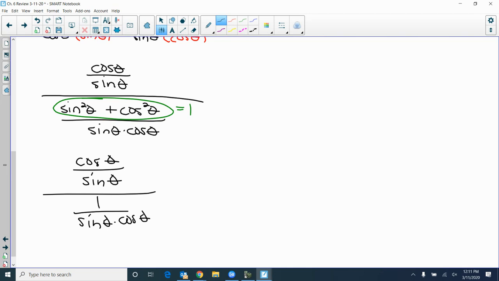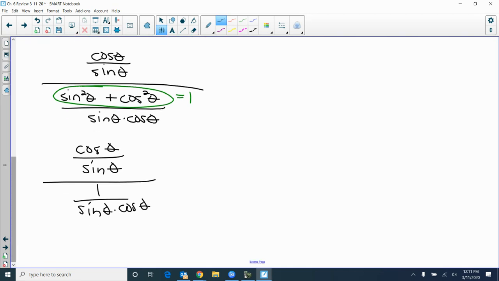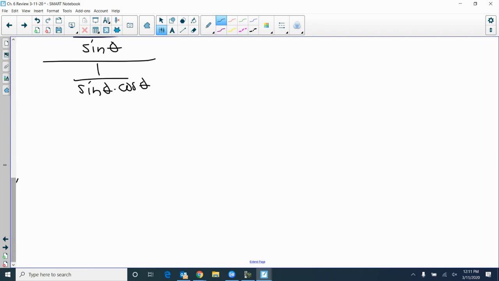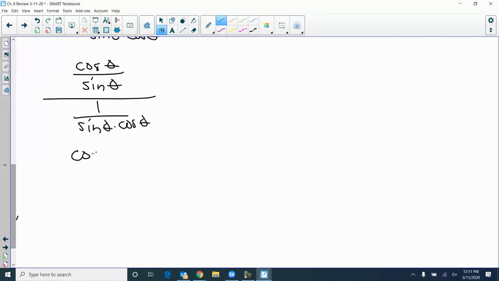Invert and multiply. So a lot of these common things keep coming up. Convert the sines and cosines. Taking a fraction, adding it with a common denominator. And a lot of times you get a fraction over a fraction where you have to invert and multiply. So when I do that for this one here, I get cosine theta over sine theta times sine theta times cosine theta over 1.